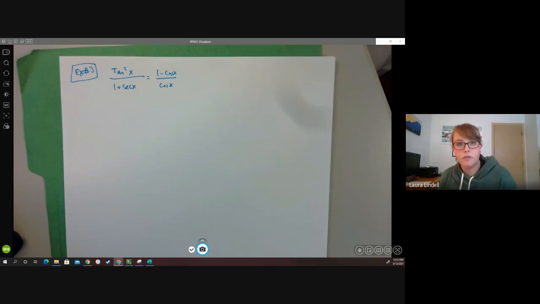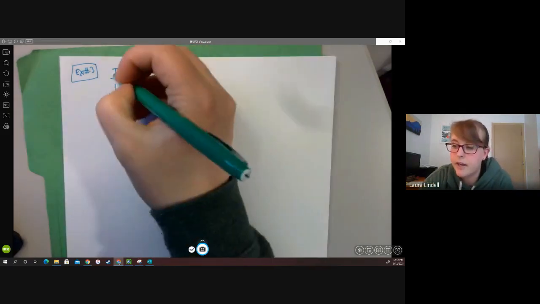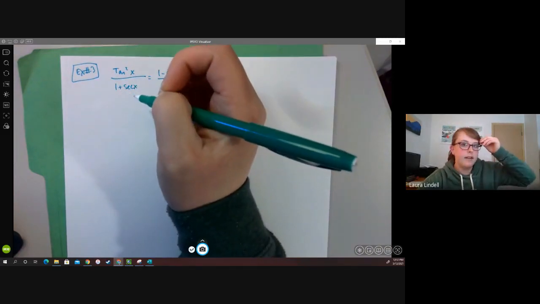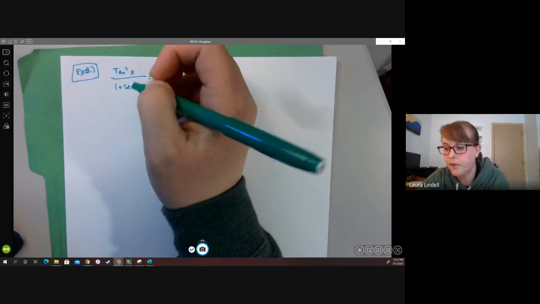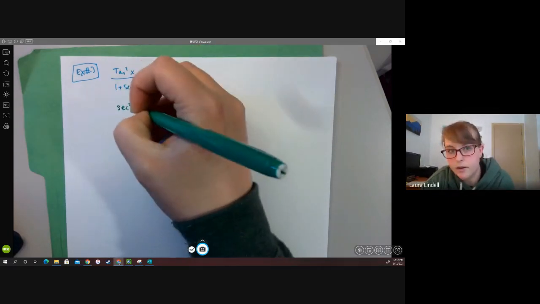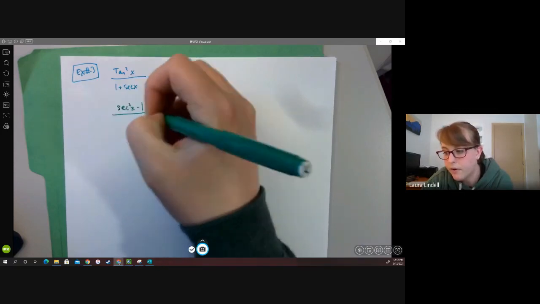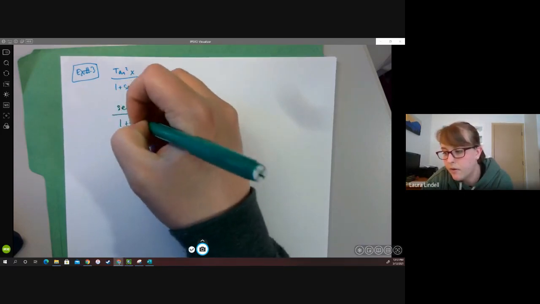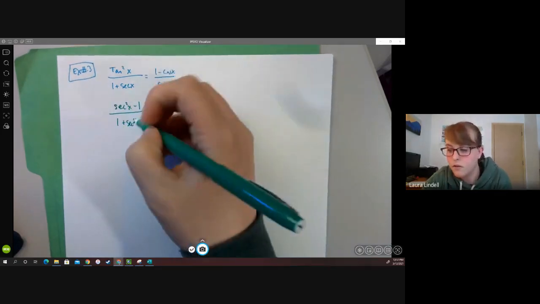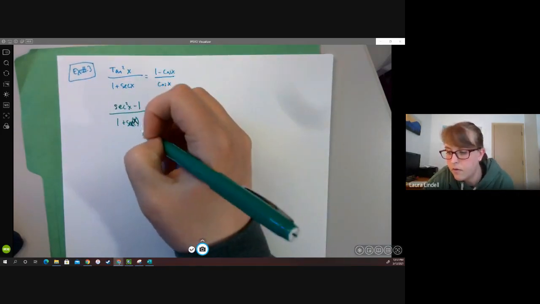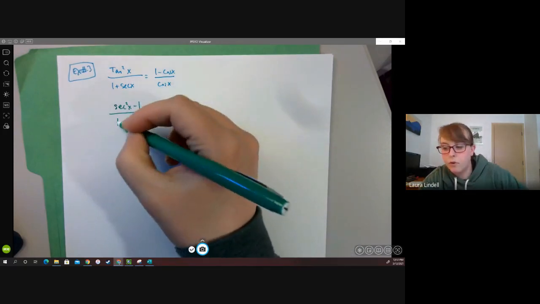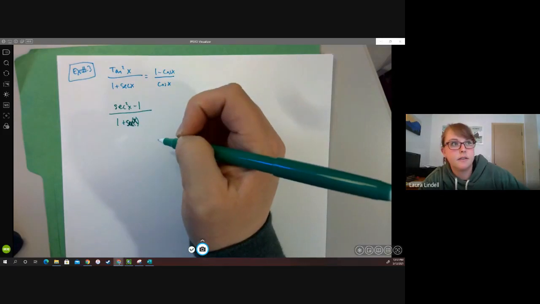The way that I'm going to try involves taking tangent squared and substituting in the Pythagorean identity for tangent squared. So tangent squared becomes secant squared minus 1. So we have secant squared minus 1 over 1 plus secant.